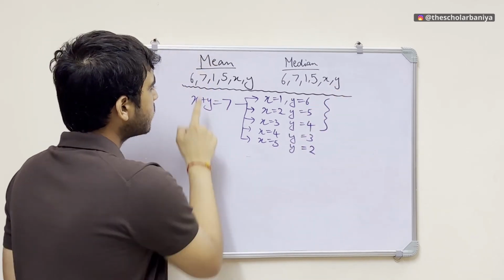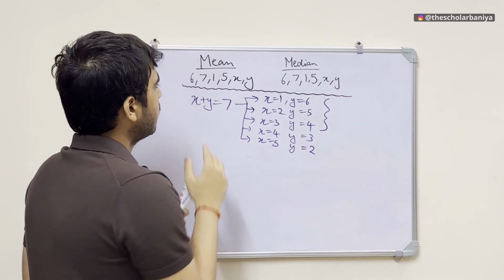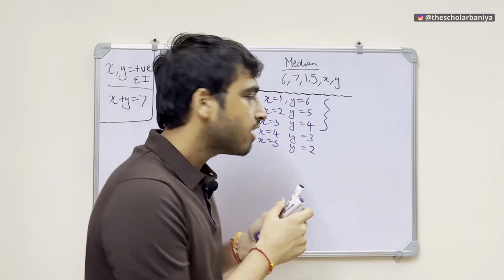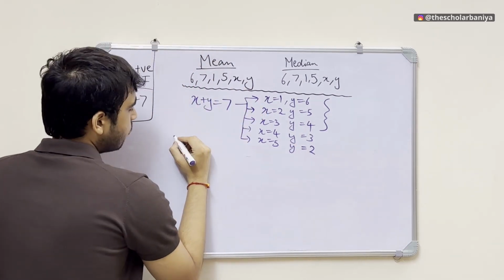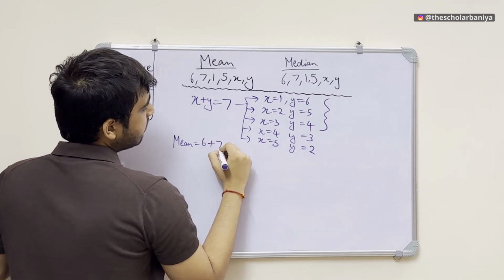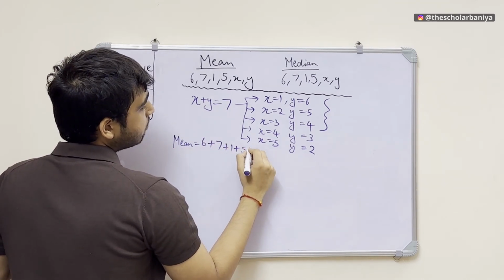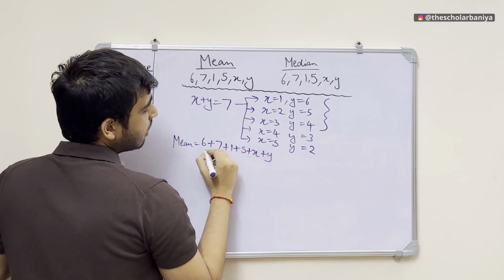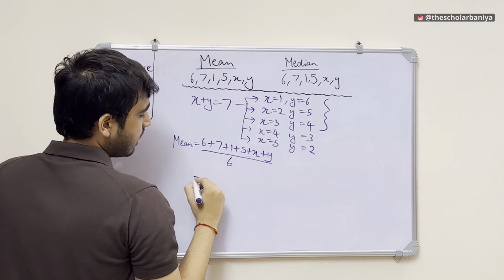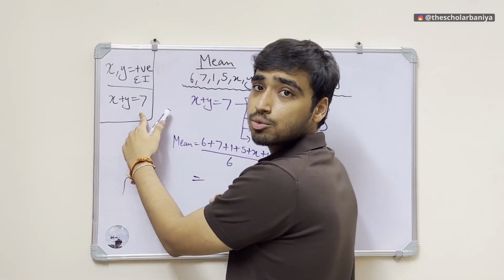Okay. So now for the first case, what's the mean? So the mean will always be the same irrespective of the case. Why? Because the mean will be 6 plus 7 plus 1 plus 5 plus x plus y upon 1, 2, 3, 4, 5, 6, 6, right? And we know that x plus y is equal to 7.